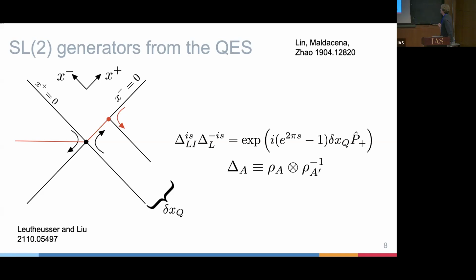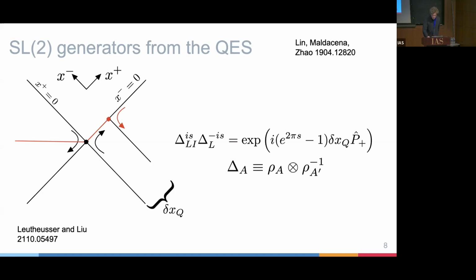That's interesting because this null translation you can use to, say, move operators behind the horizon. You can do interesting things with it. These operators were constructed in JT gravity by these authors here. And this is also related to this interesting recent work by Leutheusser and Liu, where they tried to construct similar generators that move you behind the horizon.